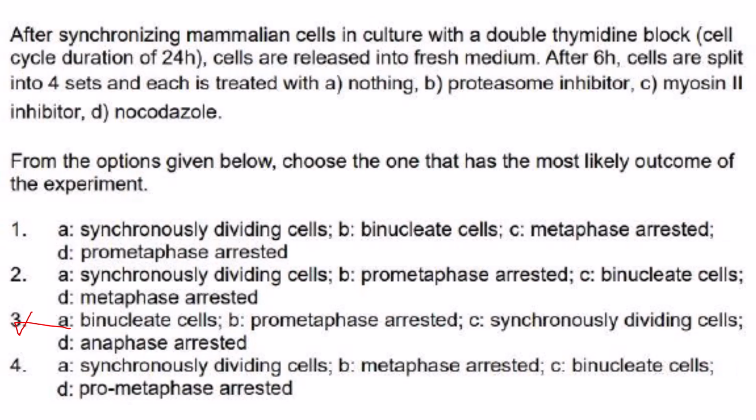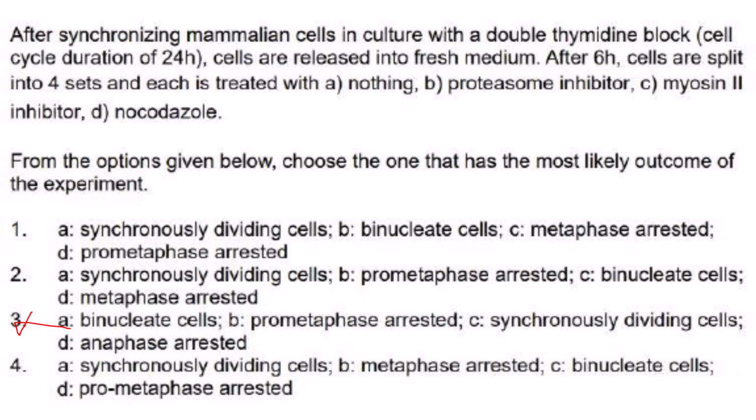So when proteasome inhibitors are applied, degradation of cyclin B will be blocked. As a result of that, cyclin B levels will keep increasing, and it will prevent the exit from metaphase and entry into anaphase. Okay, now cyclin B has to be degraded for the metaphase to anaphase transition also, not only for exiting from mitosis.